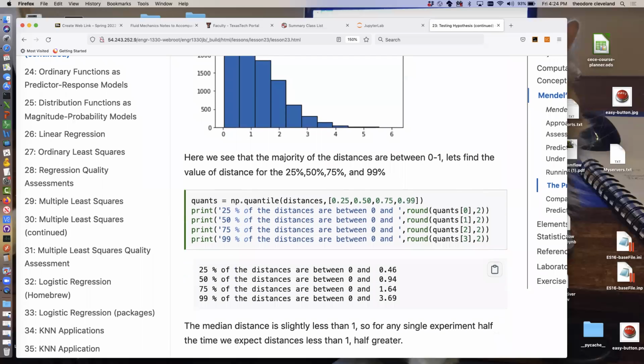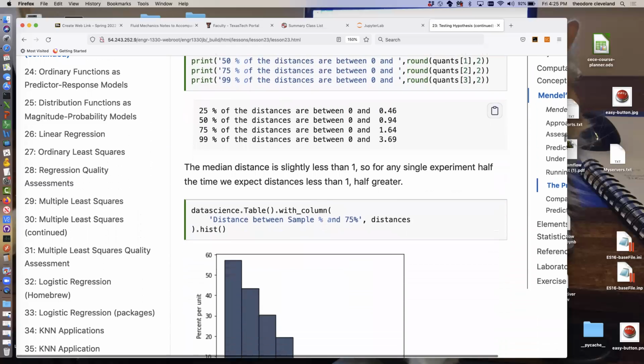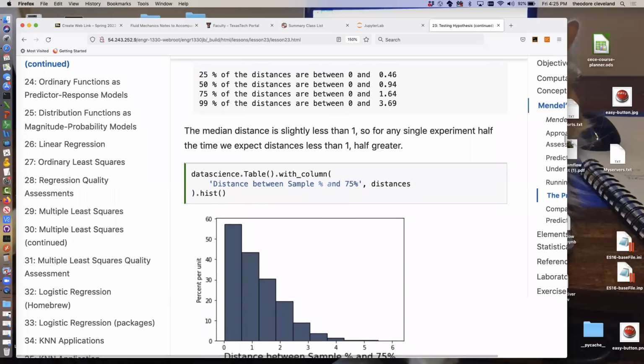And sure enough, 50% of the distances are between 0 and 0.94. 25% of the distances are between 0 and 0.46, 75% between 0 and 1.64, 99% between 0 and 3.69. So the chances of seeing a distance in any single sample of, say, 5 is really small, in fact. The median distance is slightly less than 1, and so forth.